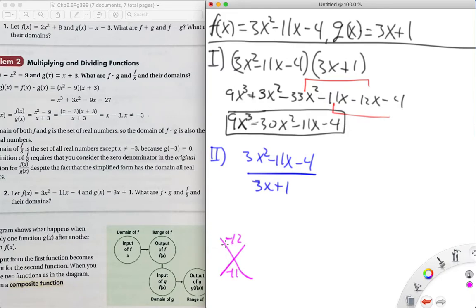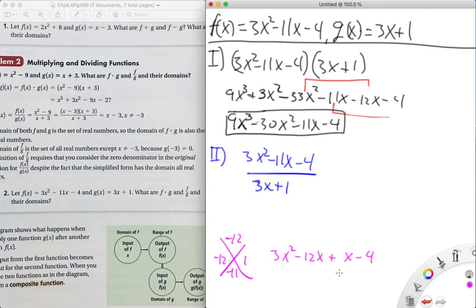That would be negative 12 and 1. So when you set this up, it's going to be 3x squared minus 12x plus 1x, let's say x, minus 4.